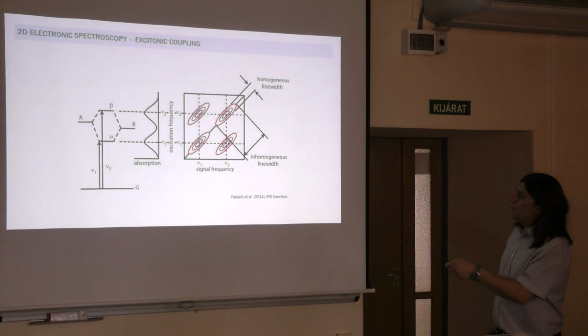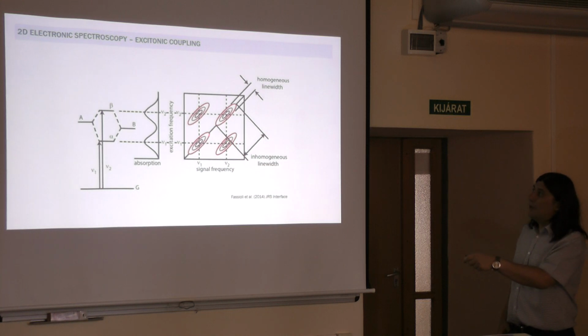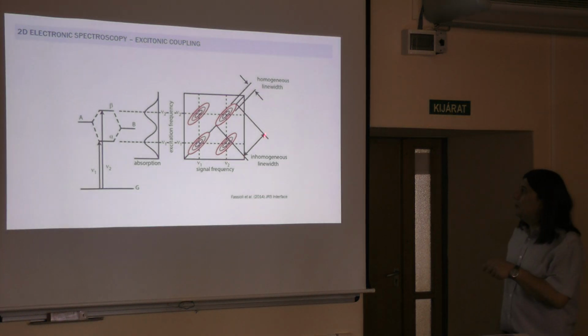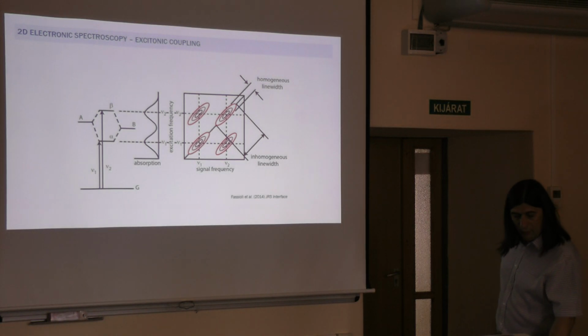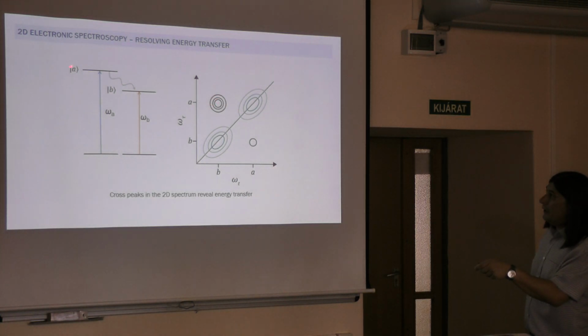Then it means we probe one, we can detect the other, or we probe the other, we detect the first one. We have these cross peaks, even at time 0, before any energy transfer. So the 2D spectrum can tell us about delocalization or excitonic coupling, and it can tell us about energy transfer. Like I said, here we have energy transfer from A to B. We'll have the cross peak at 1.